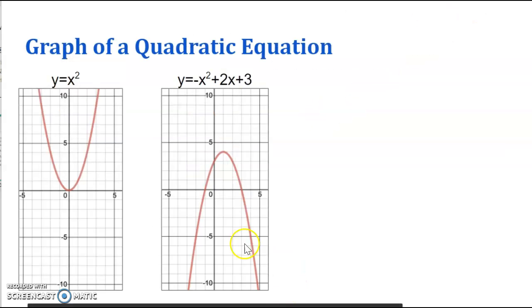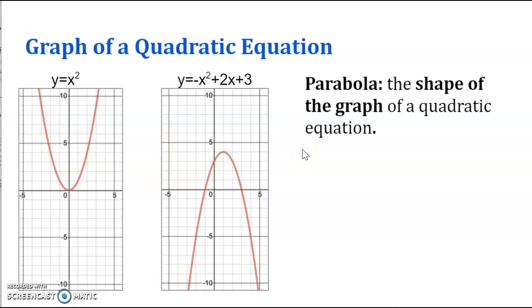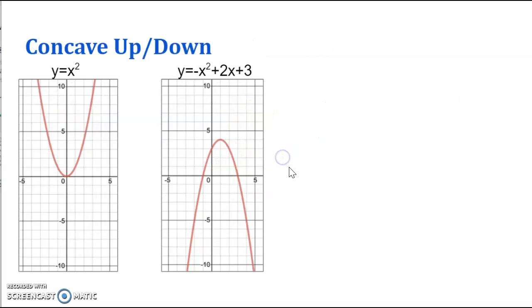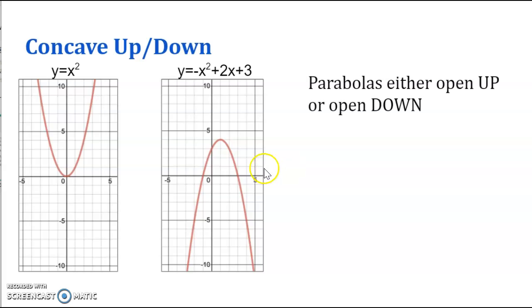Many different things you might have noticed. Okay, so graphs of quadratic equations, these are the two graphs that we did see. And we call the shape of the graph a parabola. That's a special name for the shape of a quadratic equation. And we can talk about the parabola either opening up or opening down.